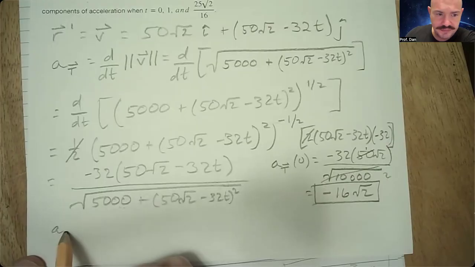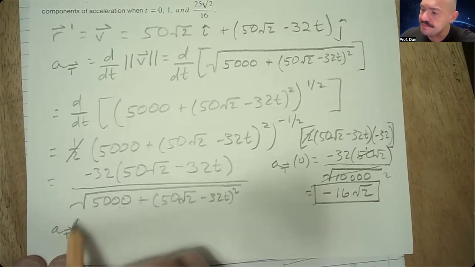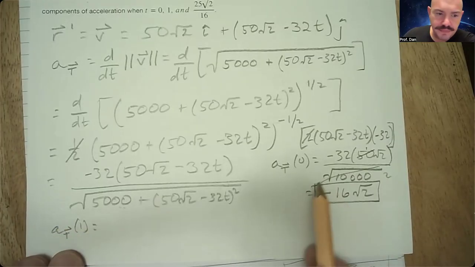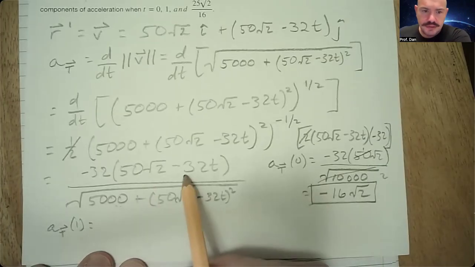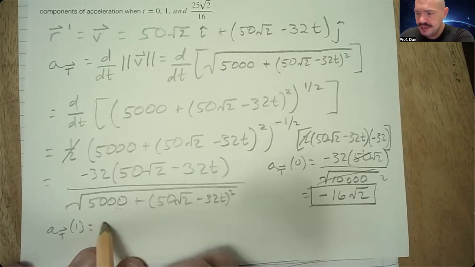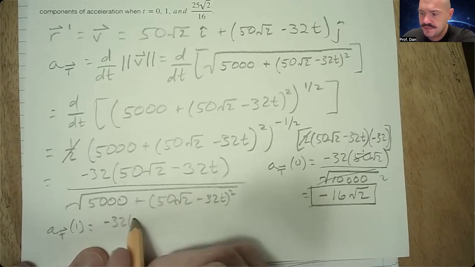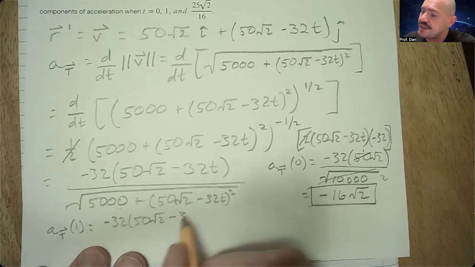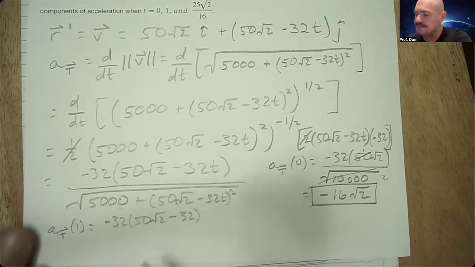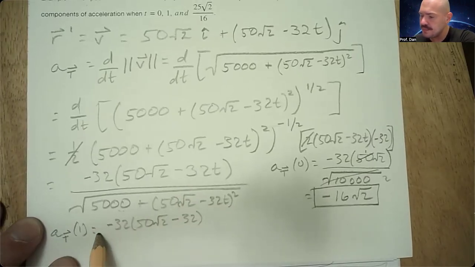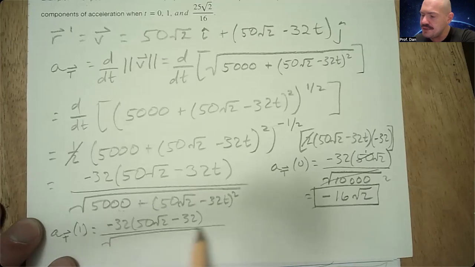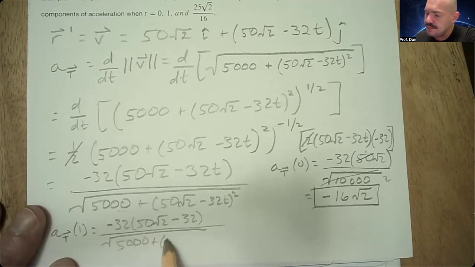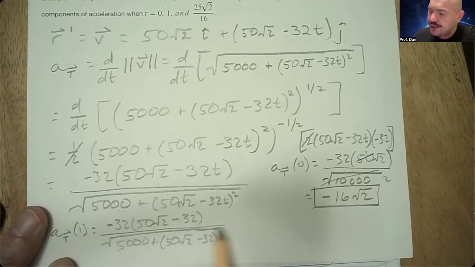When t is 1, we end up with negative 32 times (50 square root 2 minus 32) over the square root of 5,000 plus (50 root 2 minus 32) squared.